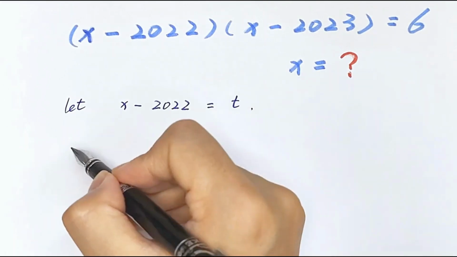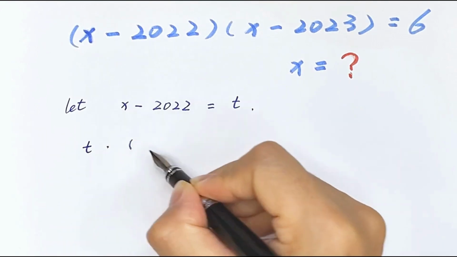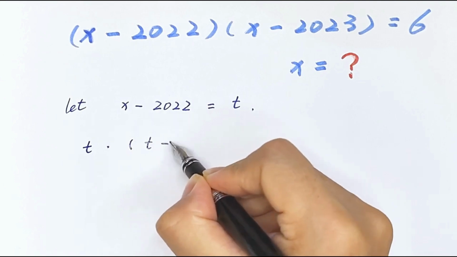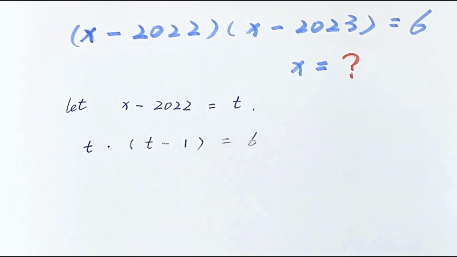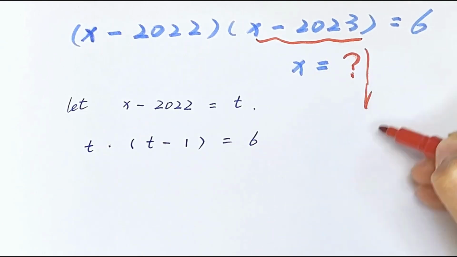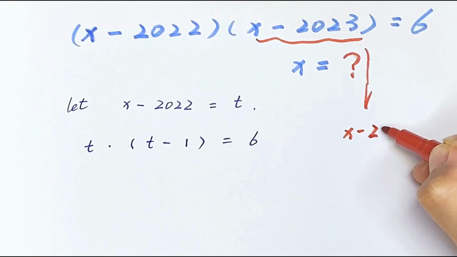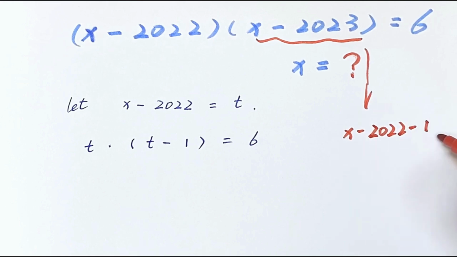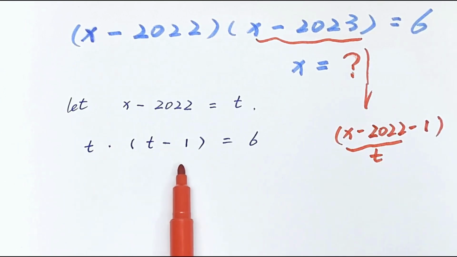So our equation will be t times (t minus 1) equals 6, because this is the same as x minus 2022 minus 1. Now this is t, so here it is t minus 1.